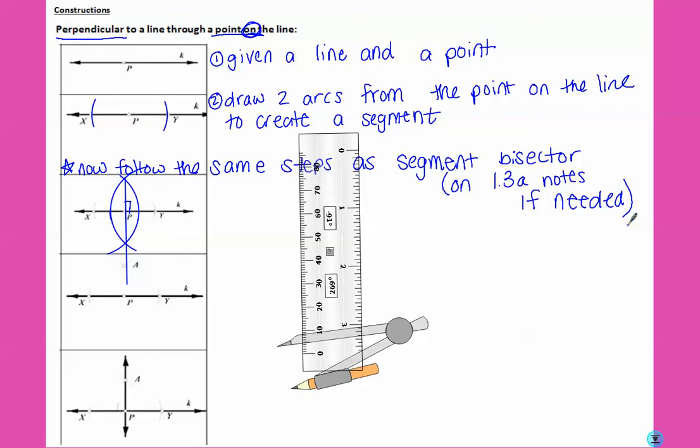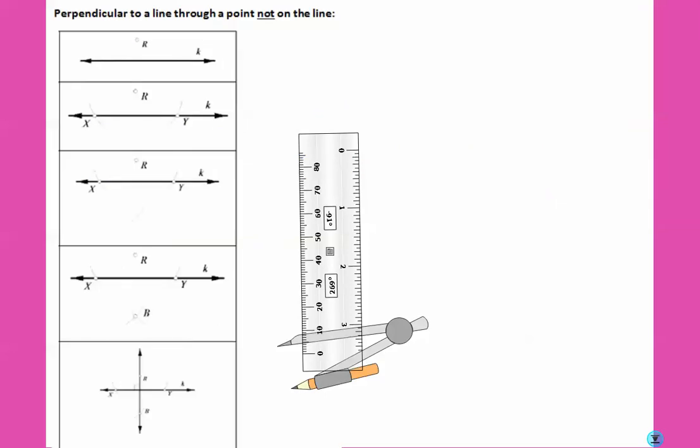Next, we're going to draw a perpendicular line that's going through a point not on the line we were given. So we're going to be given a line and a point off the line.